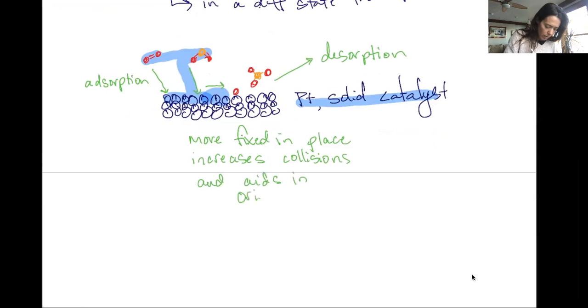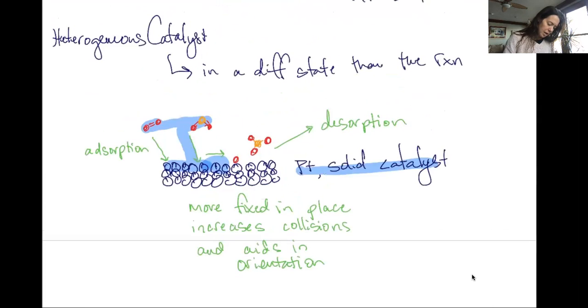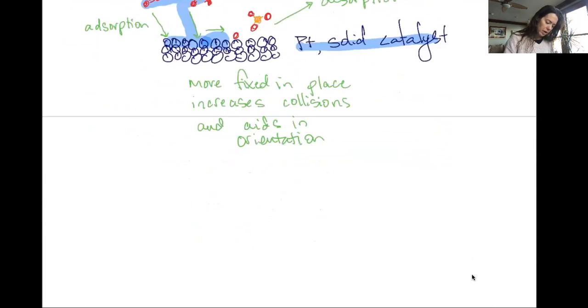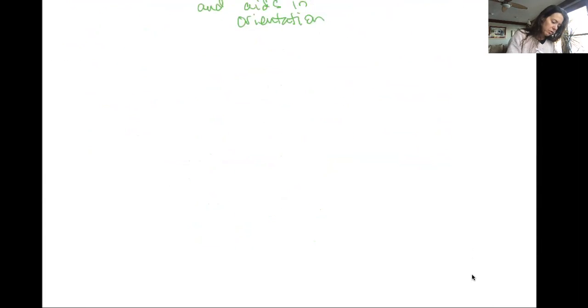So we're facilitating the processes that are required to have effective collisions, which is required for a reaction to occur. The gaseous molecules come in, they do their thing, they exit. That would be a heterogeneous catalyst because the catalyst is in a different phase than the reaction.